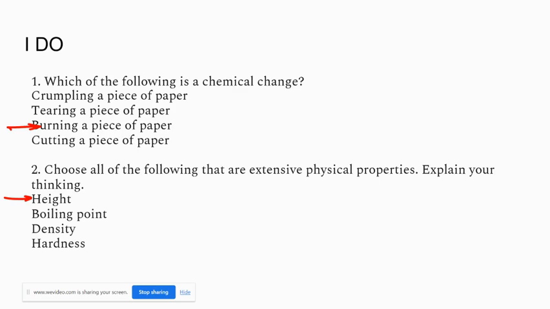Yep. So water is going to boil at 100 degrees Celsius. Does it matter if I have a cup of it or a gallon of it? No. So extra is not going to make a difference in boiling point. So that is not an extensive property. Now, it's going to take more heat energy to get the gallon of water to boil versus a cup of water, but it's still going to boil at that same temperature.